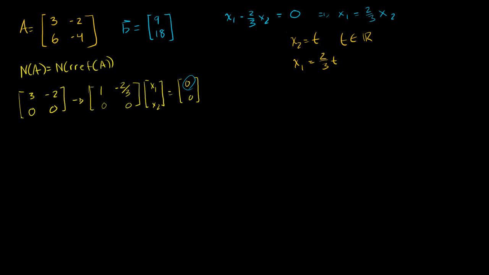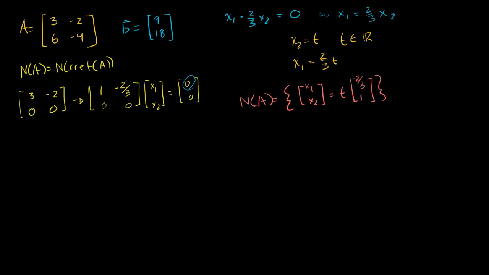So the null space of A is going to be equal to the set of all x1, x2s that are equal to some real number t times the vector, we have x2 is equal to t times 1, and x1 is equal to 2/3 t. So 2/3, 1. Just like that.